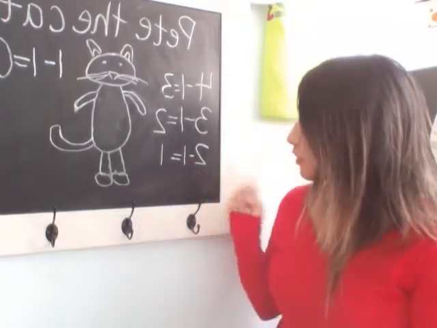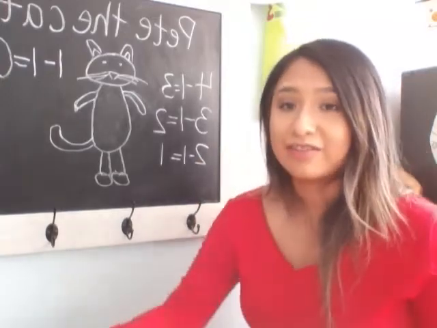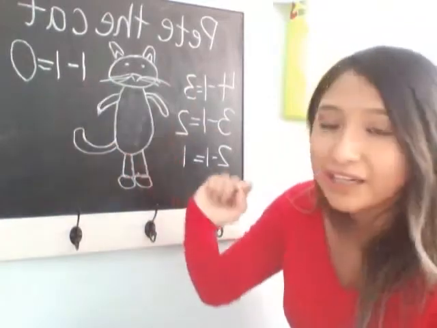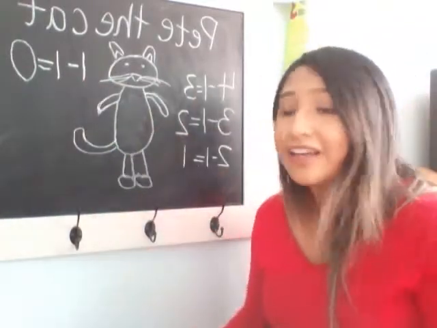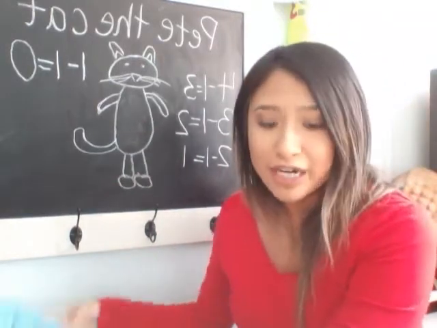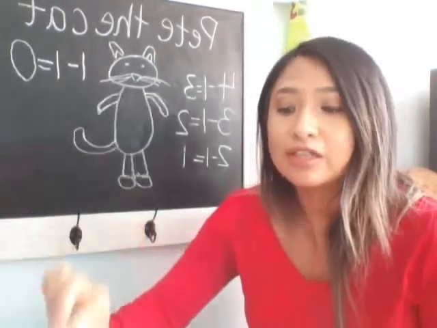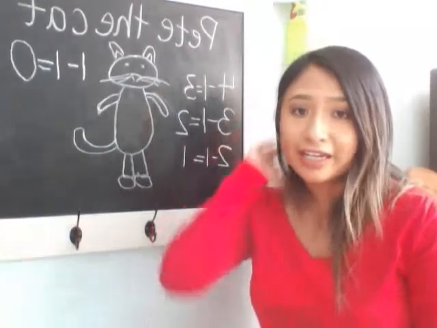And then he had 2 left, and we took 1 away, and he had 1 left. And then at the end, he had 1 button, and we took that button, so there was none left. That is called subtraction. And when we subtract, we use this symbol. So you always have less than what you start off with, okay guys?